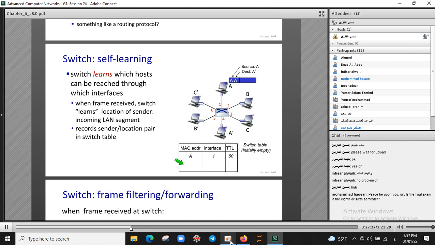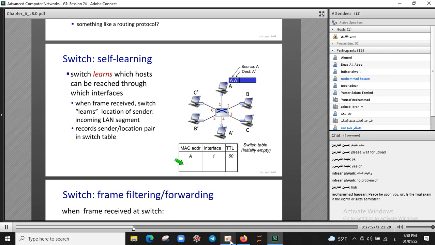But if there is no record in this table, it means that the switch does not know about the destination. And at this time, when there is no knowledge about the destination, the switch will act like a hub.